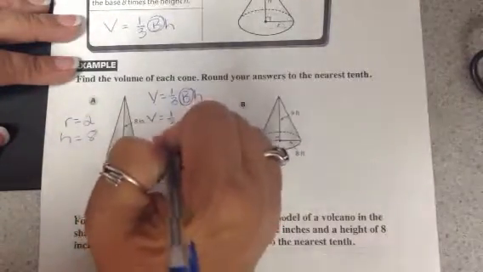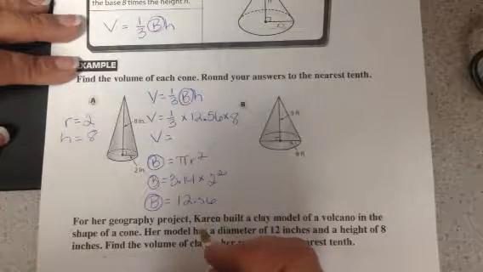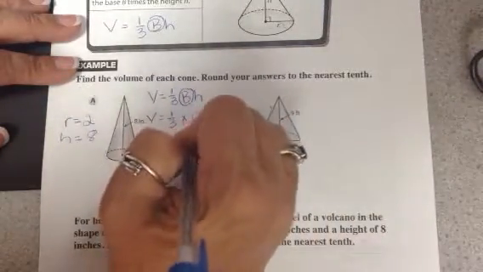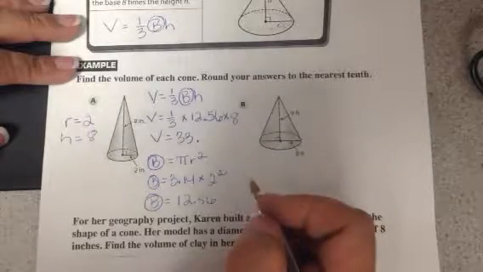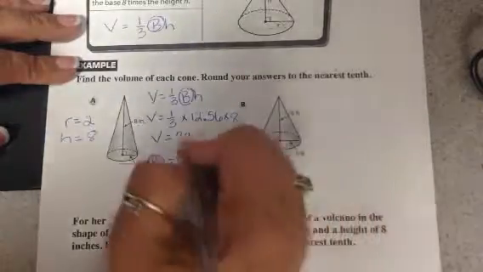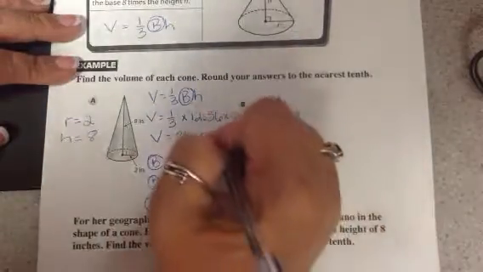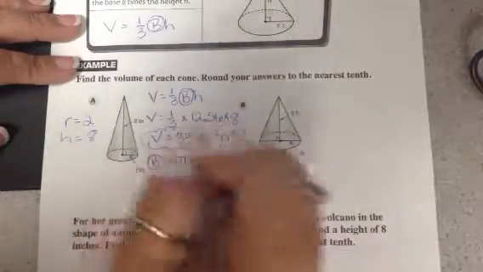If I put all that into my calculator, just like it looks, it says round to the nearest tenth, so it comes out to be 33 point, on my calculator it said 49, so since that 9 is higher than 4, we're going to raise the 4 over here to 5, and then we're going to add inches cubed. And that is how you work volume.